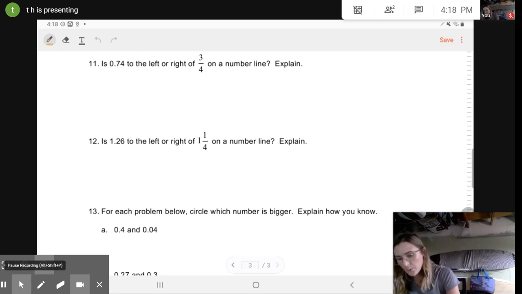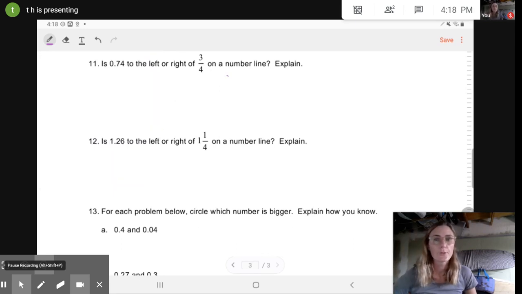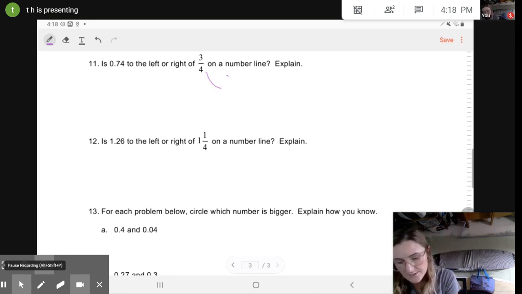Is 0.74 to the left or right of 3/4 on the number line? Explain. Okay, well, 3/4 can be rewritten as a decimal if I were to divide 3 divided by 4, this would get 0.75.